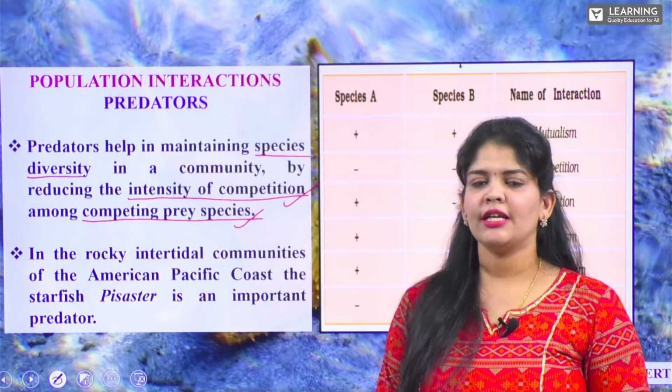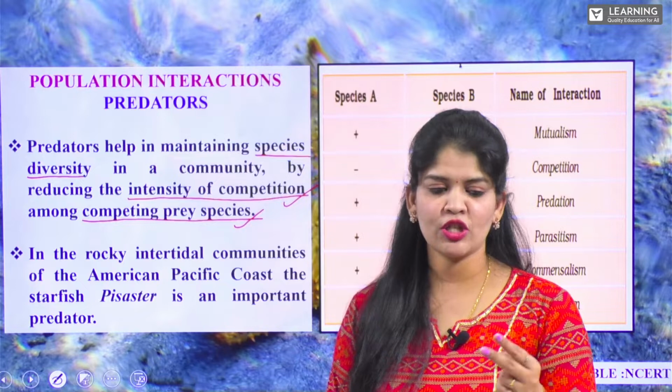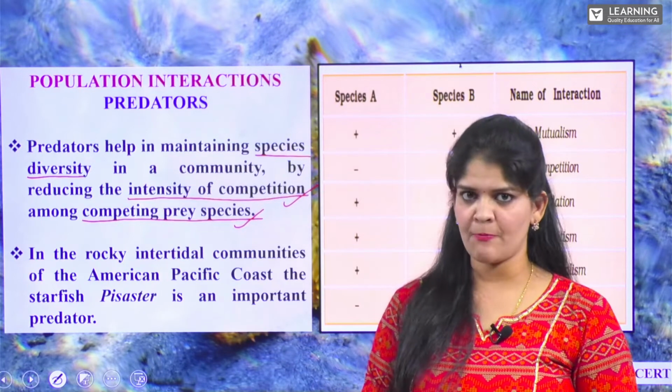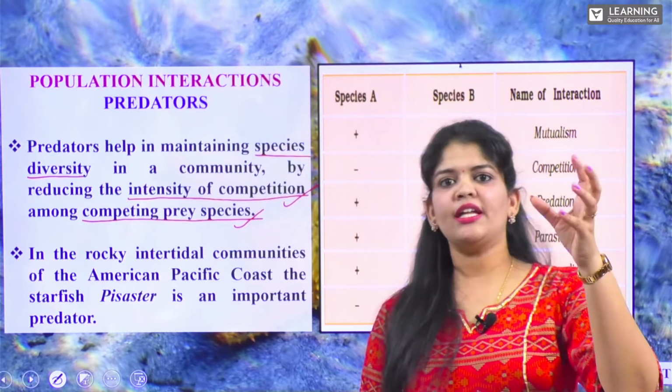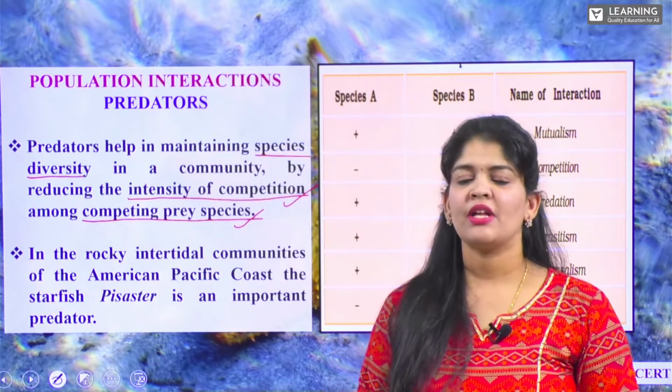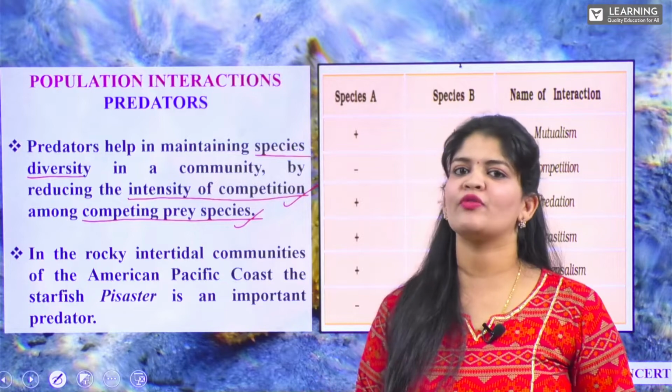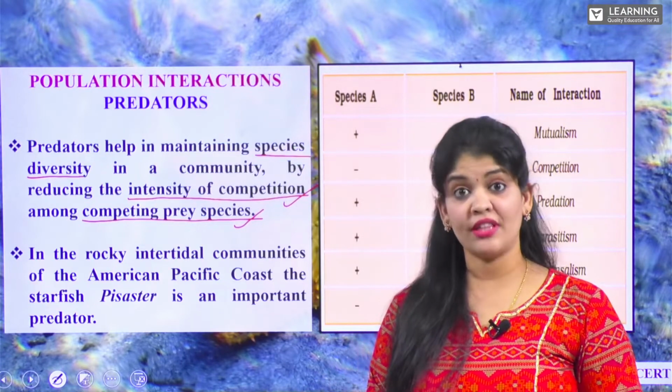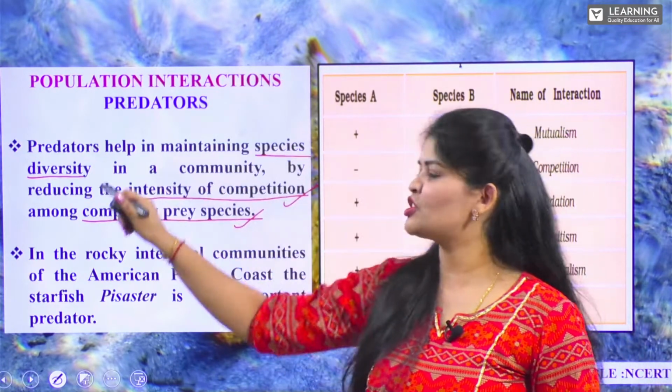If there are two prey species competing for common resources, and the predator preys on them, there is a reduction in the number of the competing prey. Therefore, it maintains species diversity.